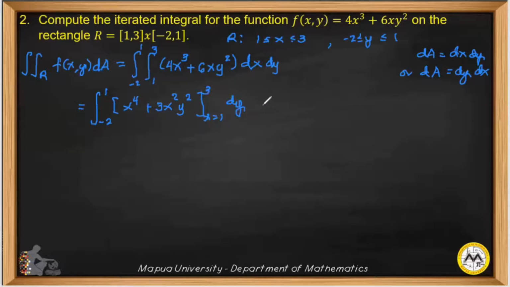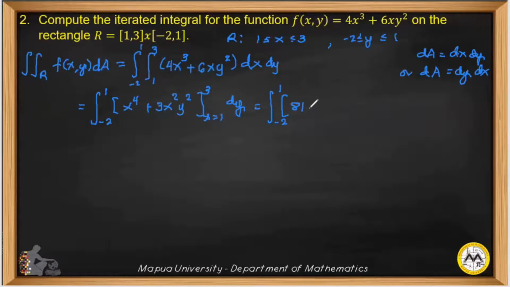Hence, this will give us the integral from -2 to 1. Let us evaluate the resulting integral from the lower limit x equals 1 to the upper limit x equals 3. Of course, it is the value of the integral at the upper limit minus the value at the lower limit. So when x is equal to 3, 3 raised to the fourth power is 81.